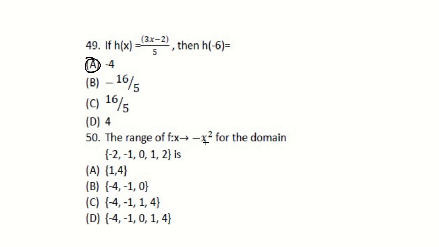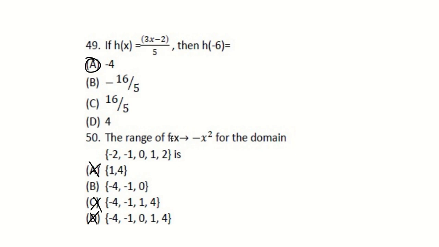So the range of f of x is negative x squared. We are only looking at negative values. Anything that has positive would be out. So A would not be in place, D is not, and C is not. When you get x squared you always get a positive, and a positive multiplied by a negative is a negative.